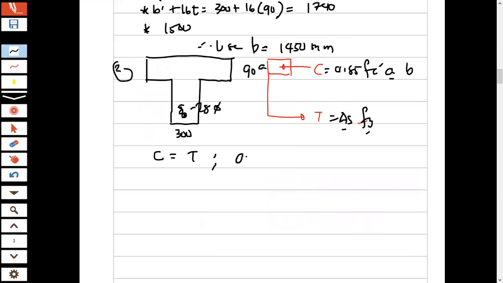So C is 0.85, fc prime is 21, a is unknown, b is 1,450. Okay, As, what is As? Pi over 4, 28 squared, ilang piraso? 8.